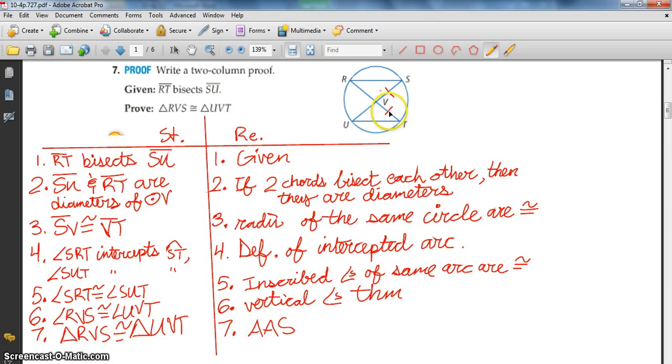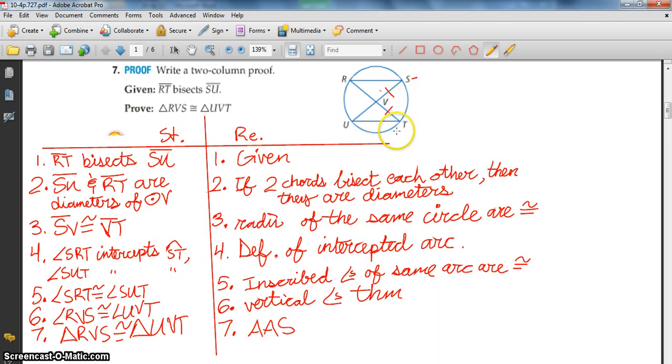We're also going to state which angles intercept which arcs. So SRT bisects arc ST, and SUT bisects the same arc.